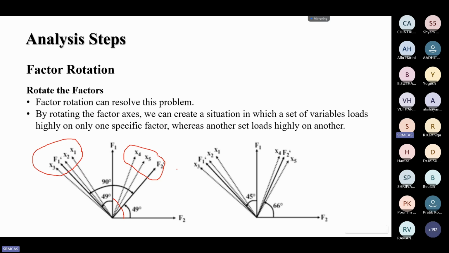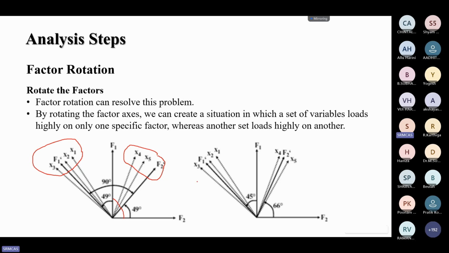Just by changing the angle of the two factors, we can easily group the respective variables under different factors. So this is called factor rotation.